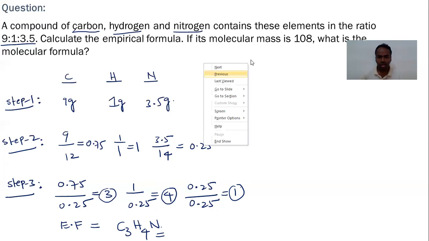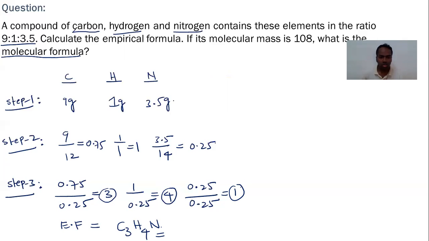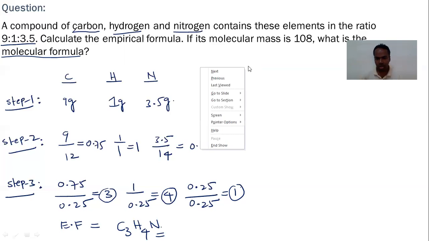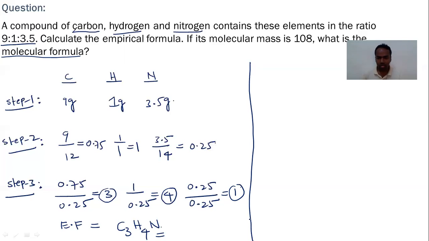But we need to calculate the molecular formula because they are asking for that also. In the previous slide, I discussed how to find the molecular formula using the empirical formula. Molecular formula is equal to N times the empirical formula.